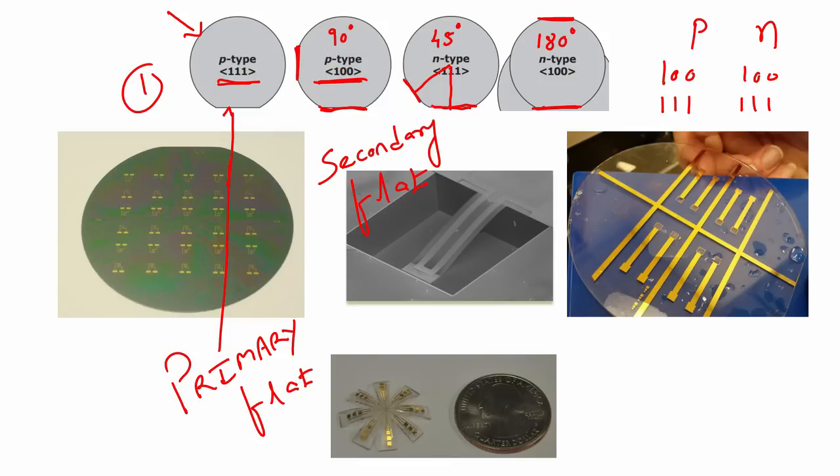So, once again quickly, the first one shows no secondary flat, the second one shows a secondary flat at 90 degree which is p type 100, the third one shows a secondary flat at 45 degree which is n type 111, and the fourth one shows a secondary flat at 180 degree which is n type 100. These are the silicon wafers with different crystal orientation and different type, n type or p type. Okay, good.